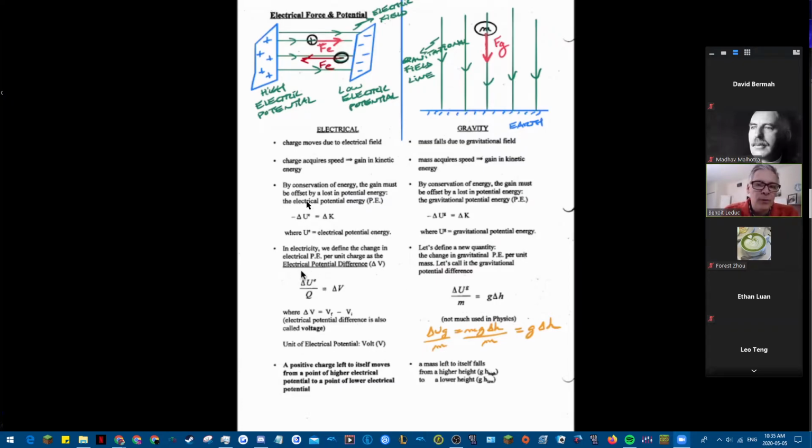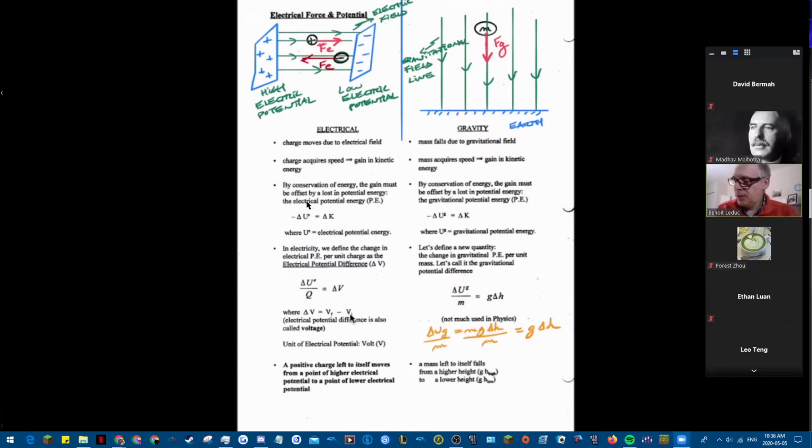Likewise, if you take the gain or loss in electrical potential energy of a certain amount of charge Q, and divide by Q, you get what is called the electrical potential difference between those 2 points. So the difference in electrical potential is analogous to the difference in height, delta H.